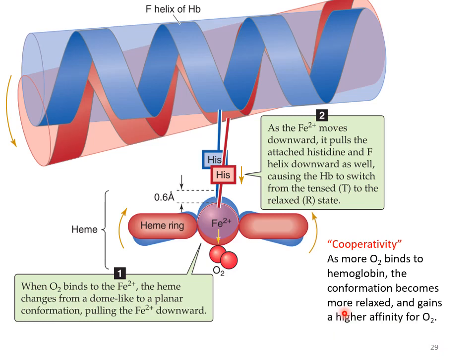As soon as the first oxygen binds, the hemoglobin becomes more suitable for oxygen binding, and this facilitates further oxygen binding until you fill up all 4 slots. This is what we call cooperativity. The binding of oxygen relaxes the shape of your hemoglobin and facilitates more oxygen binding. You gain a higher affinity for oxygen.